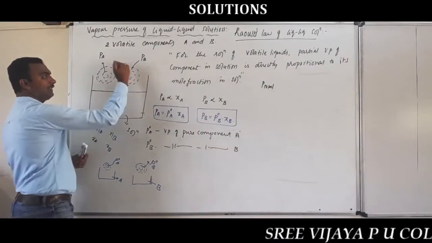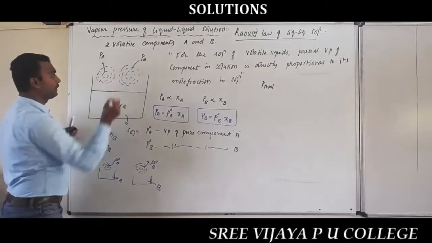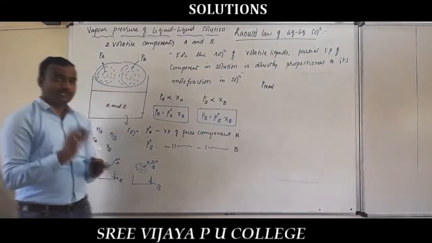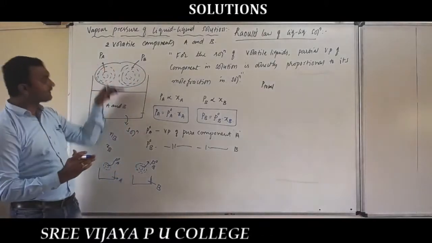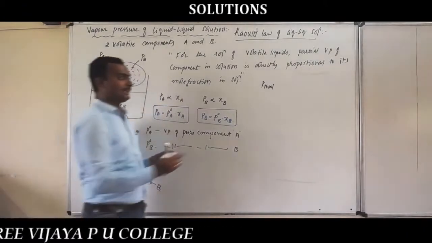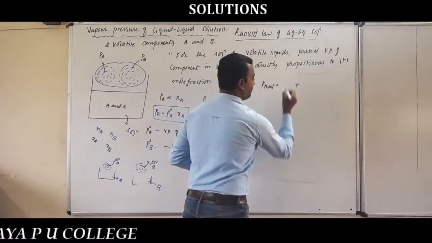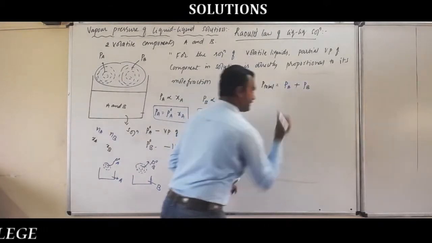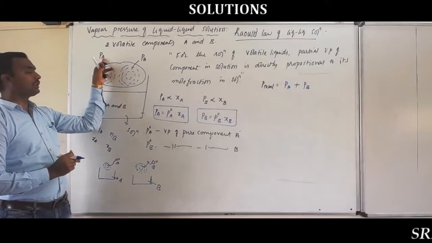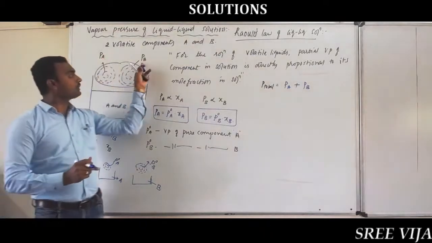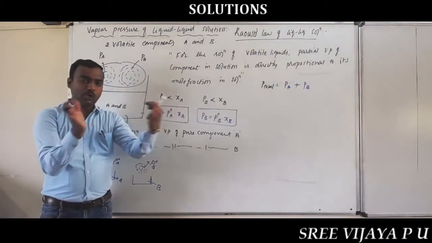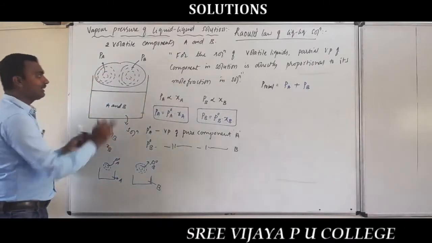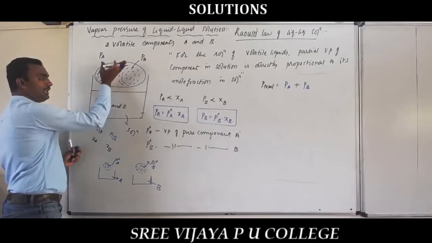When we say total pressure over the solution, we have to add the two vapor pressures. So to get the total pressure over the solution, we have to add the partial pressures of all the components. When we add the partial vapor pressure of component A and the partial vapor pressure of component B, we will get the total pressure over the solution.